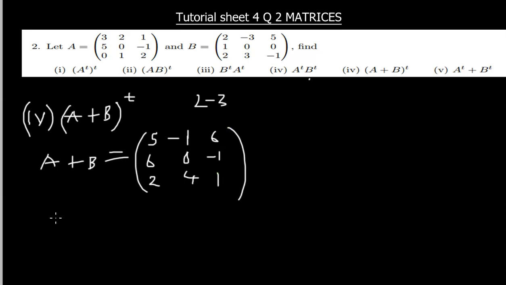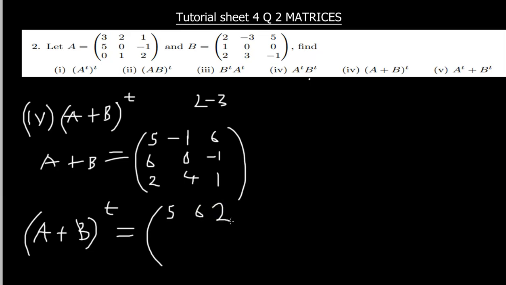And then lastly, you just transpose your answer now. So A plus B transpose, you just transpose your final answer. You change your rows into your columns. So it's going to be 5, 6, 2. Then we have negative 1, 0, 4.